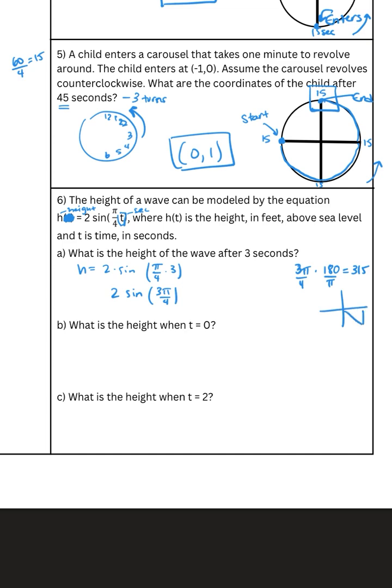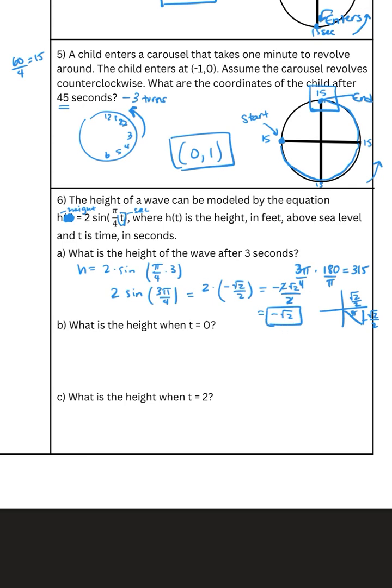And so that is a 45-degree angle, which is square root of 2 over 2, negative, and square root of 2 over 2. So my sine is going to be negative square root of 2 over 2. So really, I'm just doing 2 times negative square root of 2 over 2. So that is negative 2 square root of 2 over 2, and the 2's are going to cancel. So that's going to give me negative square root of 2 as my answer.